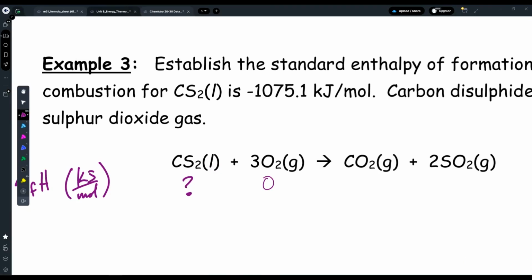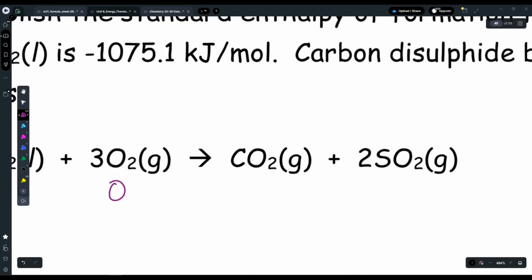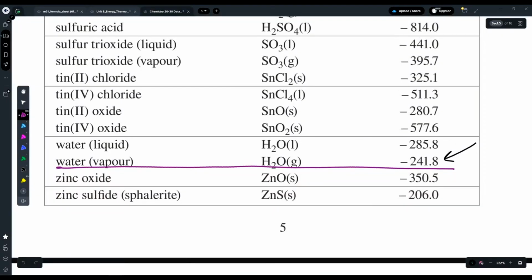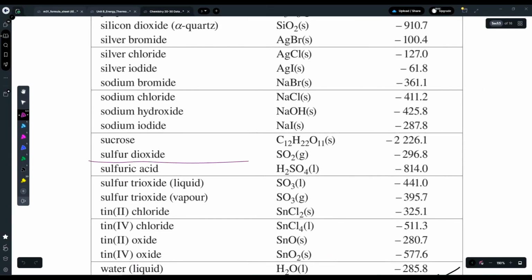Oxygen is going to be 0. Carbon dioxide, we've looked that up a couple of times, so that's negative 393.5. And then sulfur dioxide, let's look that up. That's going to be right here, so negative 296.8.